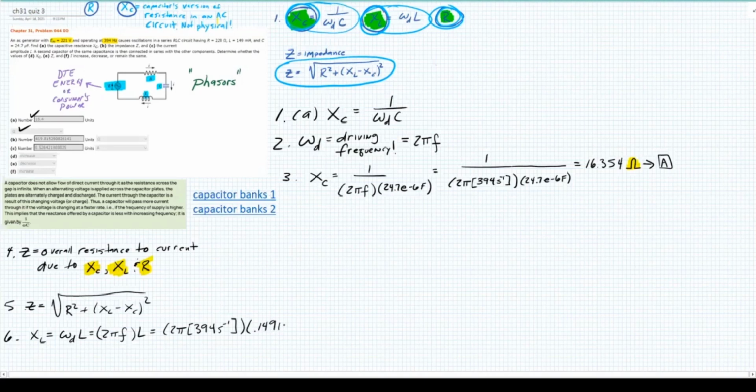So I'll just do that on the fly. So this is XL, and I'm going to put this in calculator memory location B.